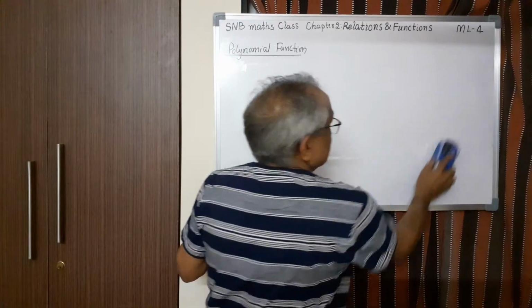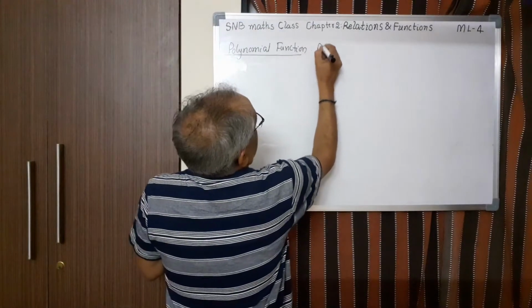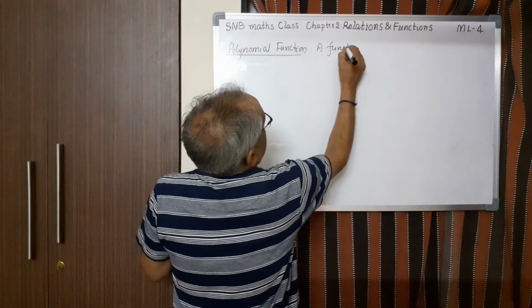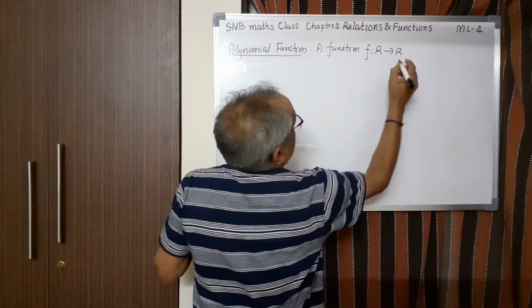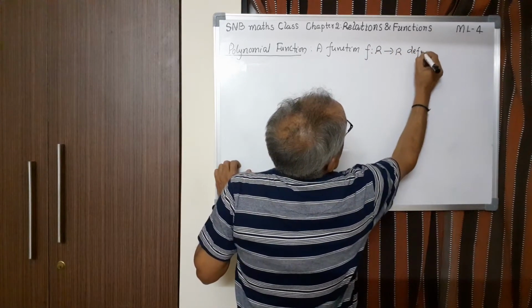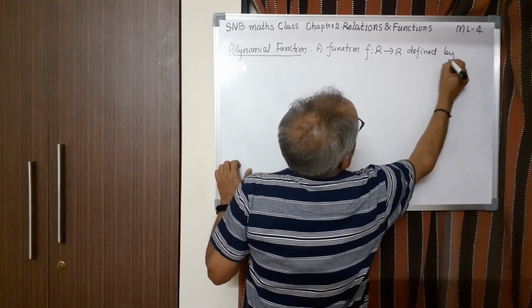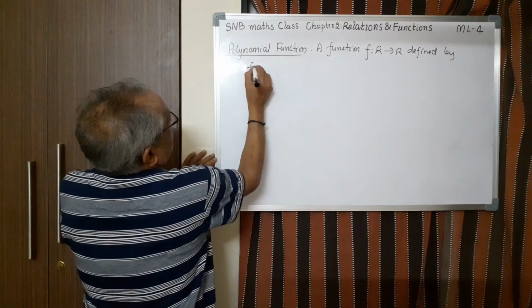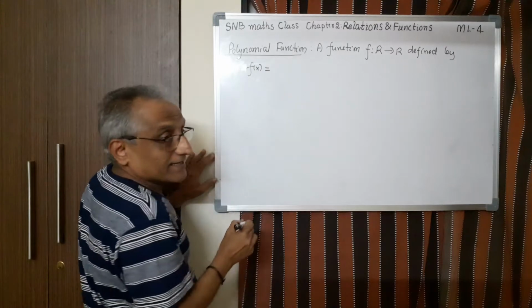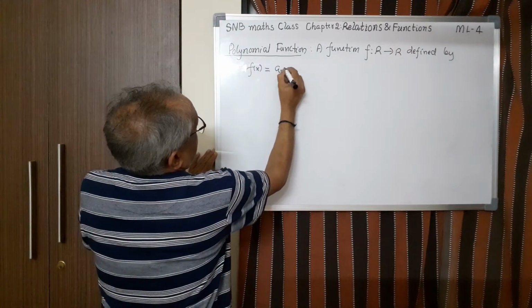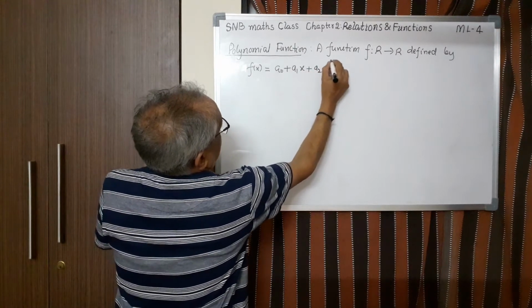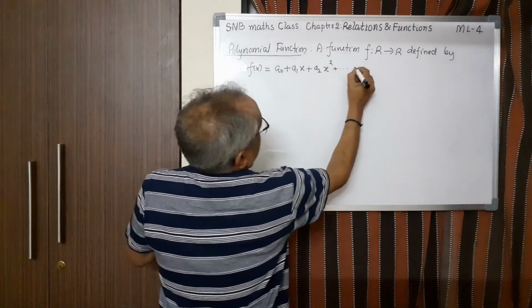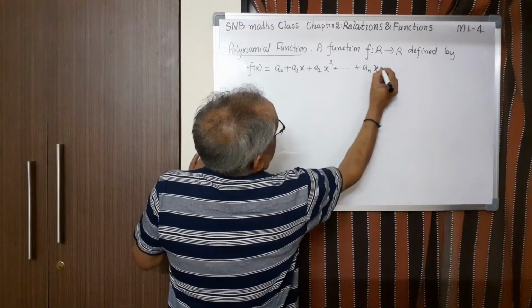Let us define this as a function now. So the definition is this: a function f from R to R defined by f of x equal to, this is the general representation, a naught plus a1x plus a2x square etc. an xn.